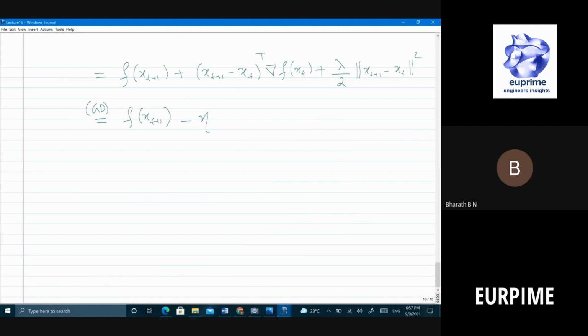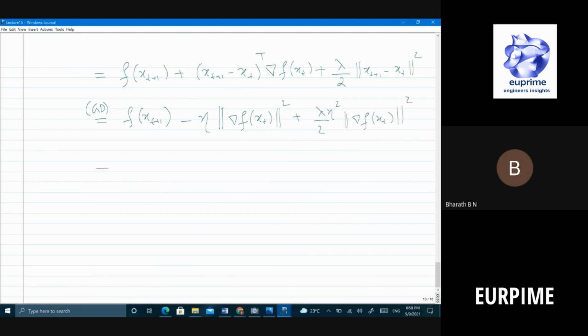Gradient of f of xt transpose times gradient of f of xt is norm of this squared, right? Plus lambda by 2. What will happen to xt plus 1 minus xt? It's minus eta times the gradient. So eta will come out. So we'll have eta squared. Again, this will be, right?